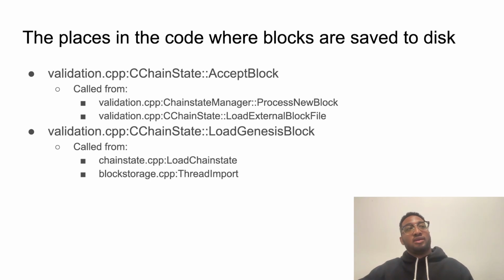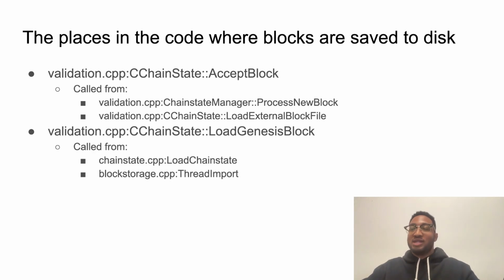And then you have LoadGenesisBlock, which is exactly what it sounds like. When you're bootstrapping your node, it's the initial block download. The genesis block is already made for you. Even though it's in the code, it saves it to disk as part of the first block file.